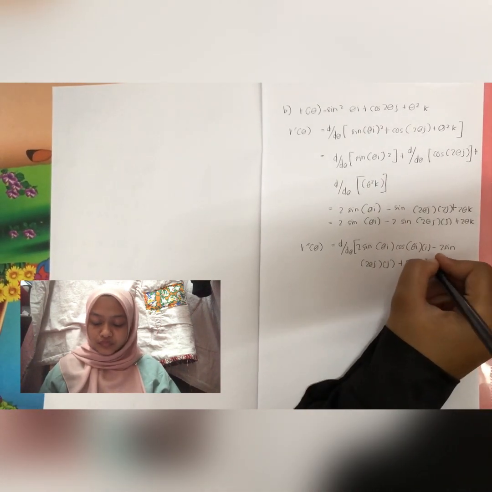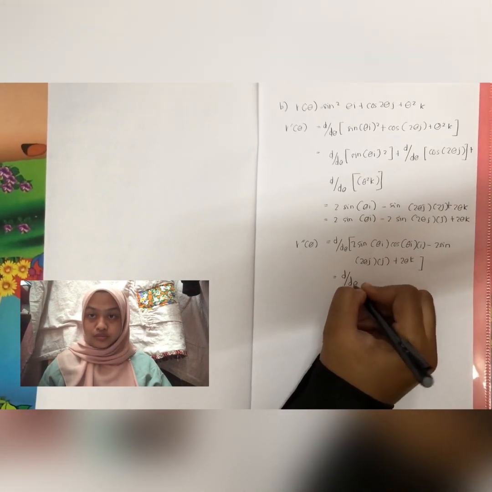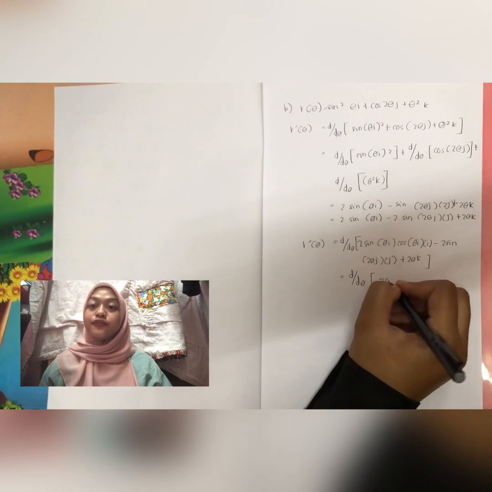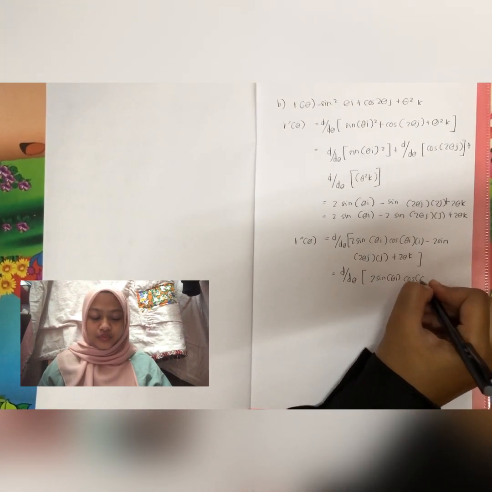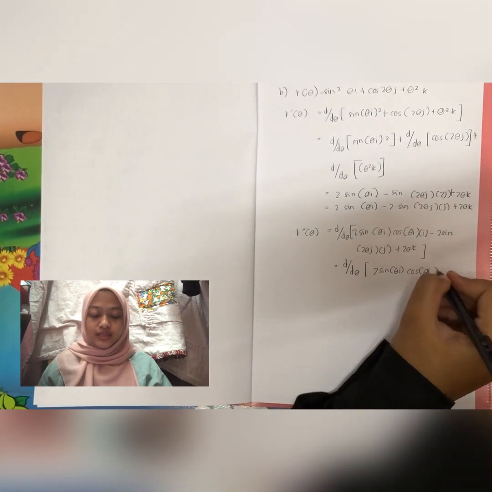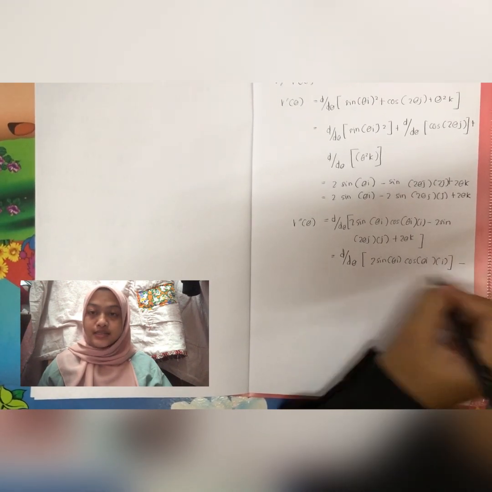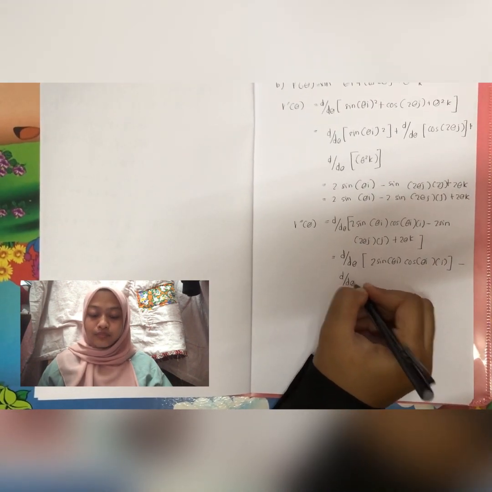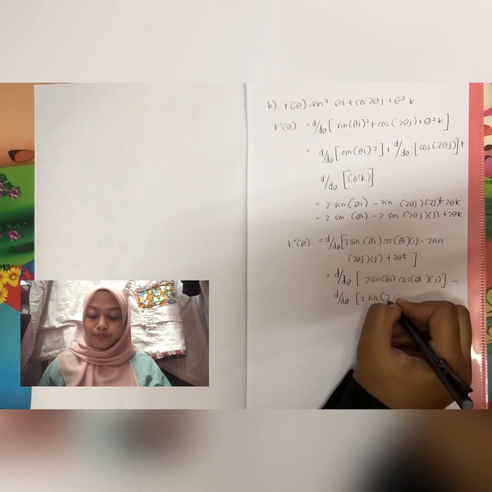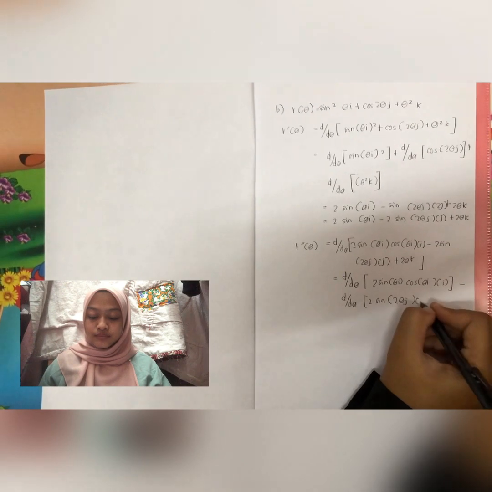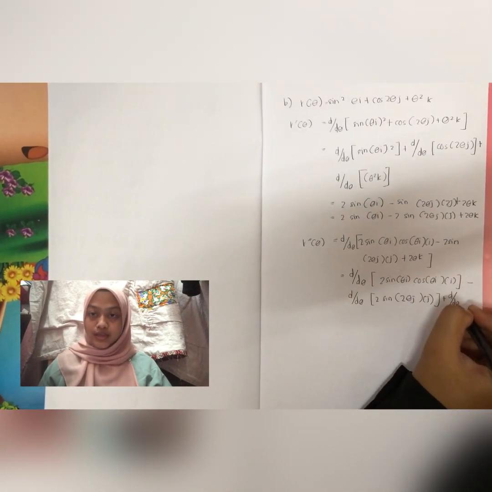So we need to use the differentiation rule. So d over d theta of 2 sine theta cos theta i, minus d over d theta of 2 sine 2 theta j, plus d over d theta of 2 theta k.